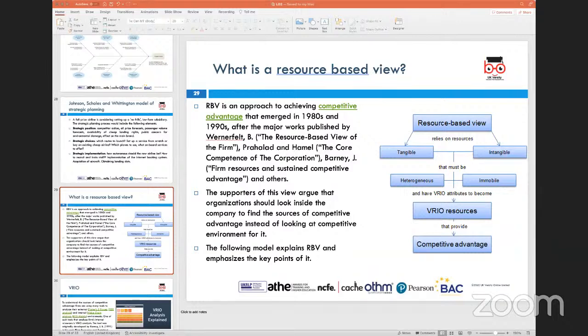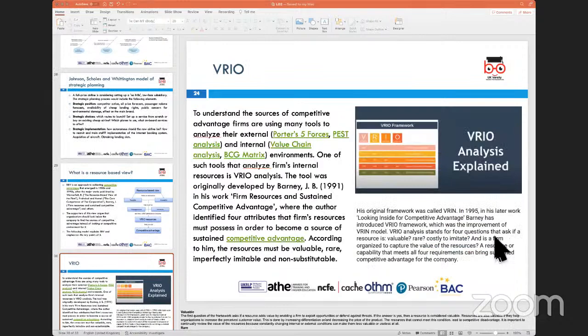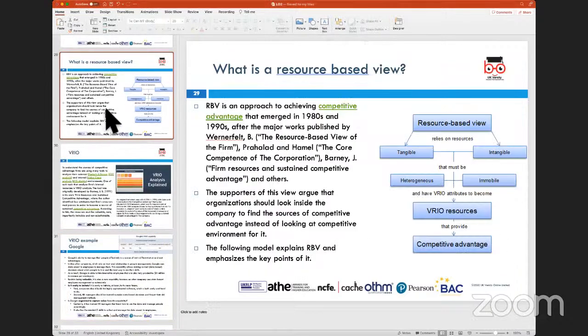That means you cannot leave straight away and join another company and take the trade secrets and patents along with you. So due to the immobility of some of these resources, it becomes difficult for rivals to replicate the same strategies within the organization. And that is again one of the views which the resource-based view promotes.